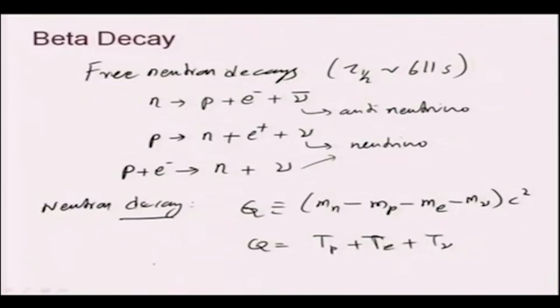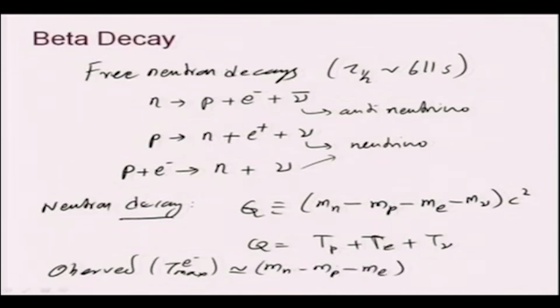It turns out that the observed maximum kinetic energy of electron is approximately (m n minus m p minus m e) c square, and this indicates that m nu is, within the experimental uncertainties, approximately equal to 0.